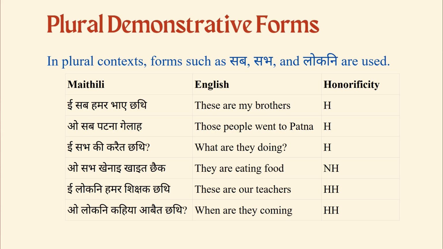O loken kahiya abet chhatin. When are they coming? Again they is o loken and this is highly honorific. So loken is usually used for honorific but mostly for highly honorific reference. So in plural contexts, forms such as sab and lokni are used.